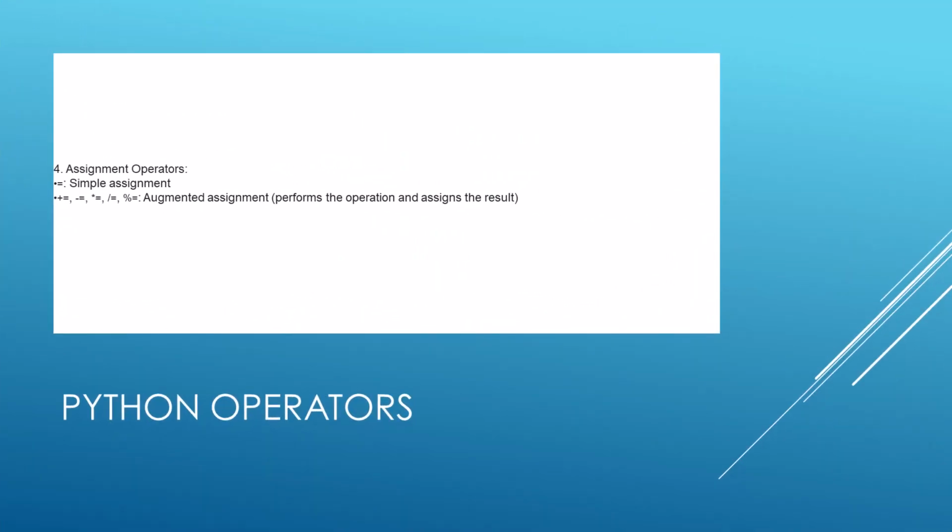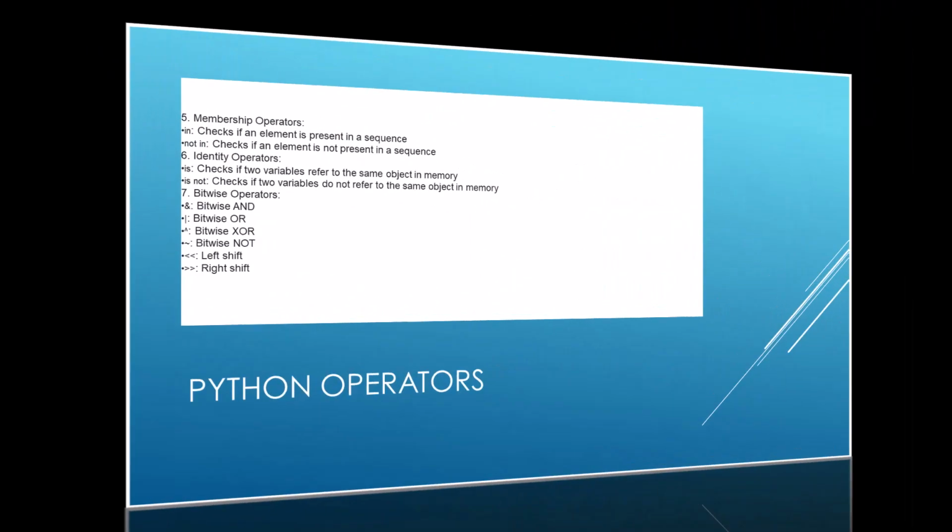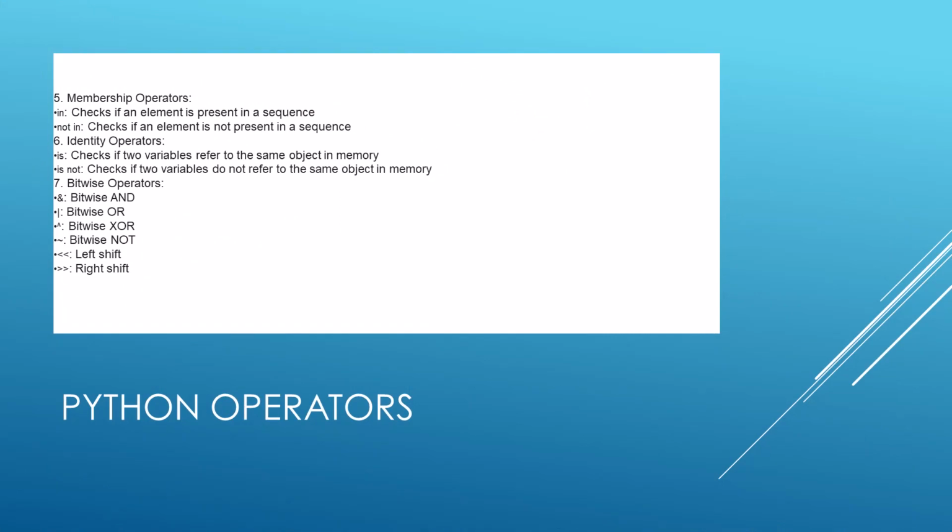Logical operators. Combine Boolean values using AND, OR, NOT to make conditional statements. 4. Assignment operators. Assign values to variables using symbols like equals, plus equals, asterisk equals, etc.